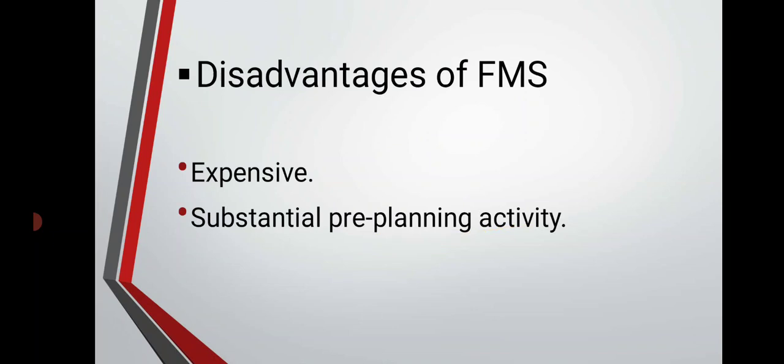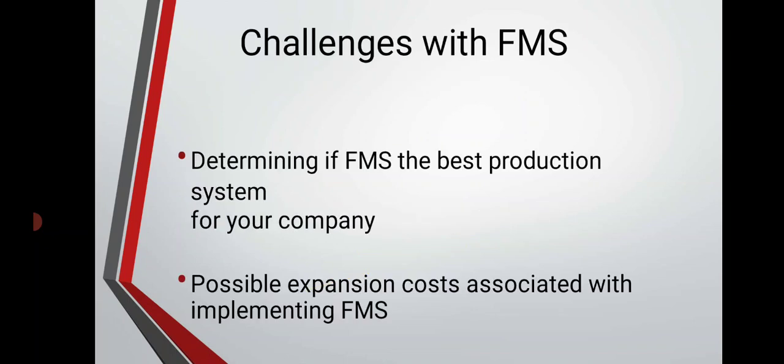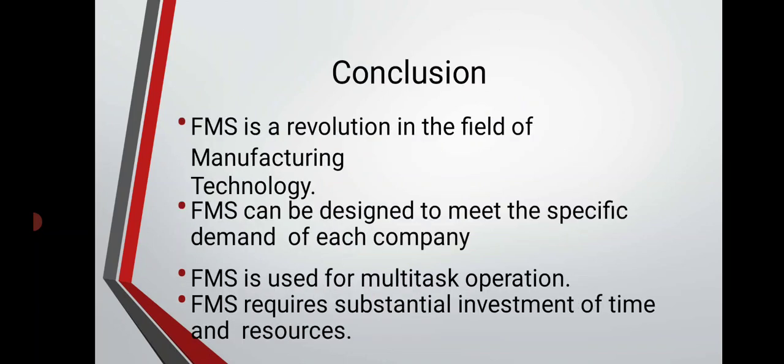Disadvantages: the setup is very expensive, with substantial pre-planning activity. Challenges with FMS: determining if FMS is the best production system for your company. If you start any company, it is a very useful production system. Also the possible expansion costs associated with implementing FMS.